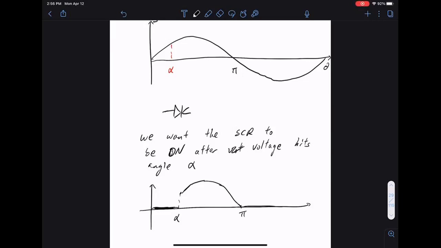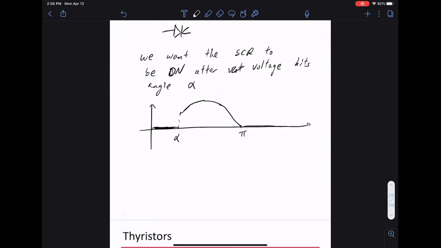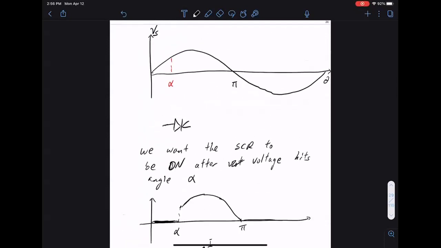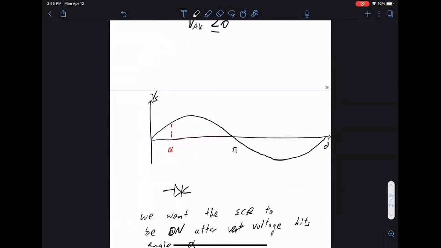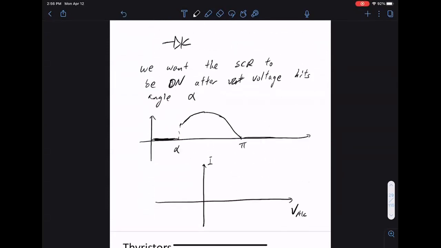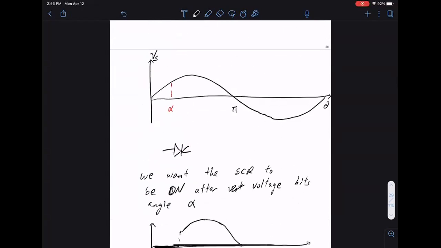Now let's look at our VI curve, the voltage to current curve. What does the VI curve look like? Let's say this is a curve. As the source voltage starts to rise, for a while, until some voltage, you're off.